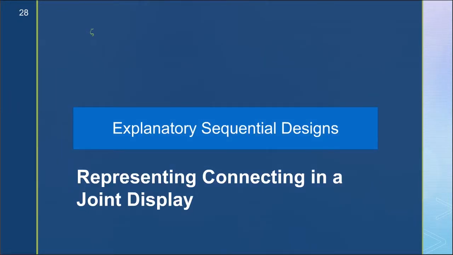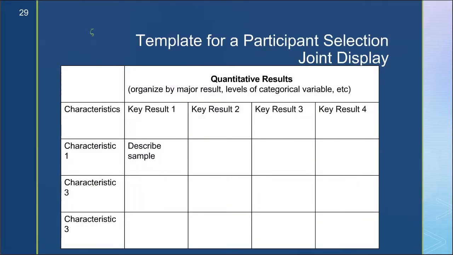So moving on then to an explanatory sequential design in representing connecting in a joint display. So first we might think about a participant selection joint display. So the idea here is that we want to be systematic as far as how we're using our initial quantitative results to plan that qualitative follow-up study, and in particular, how we're using that to determine who we want to talk to or who we want to sample. So in this template, what I've tried to do is organize it in some kind of fashion by the quantitative results, because again, that comes first.